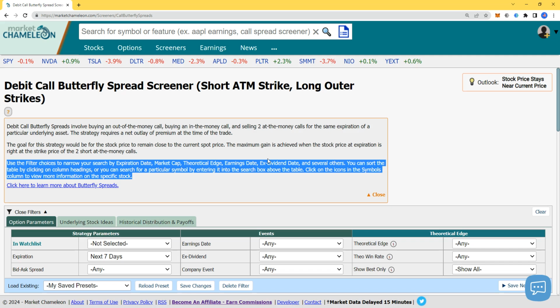To mitigate the amount of money that you pay for the butterfly, you're going to sell the $100 call as well, okay? But you're going to do it twice. That's the key. So let's say for the example, the 95 call is worth $600 with time decay, because there's $5 intrinsic value plus time.